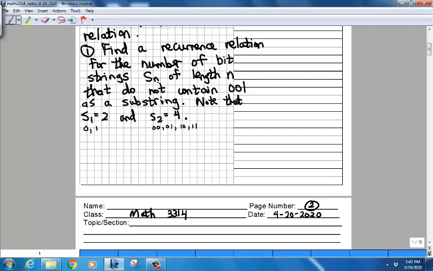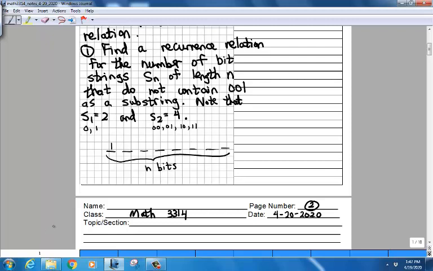All right, so here's the way we're going to think about this. Suppose that we have a bit string of length n. Okay, n's just an arbitrary number. So when we're creating a bit string of length n, we have to fill in n bits, so we've got to put zeros and ones into each of these slots. If we start with the first slot, then we've only got a couple of choices, and one of them would be 1.